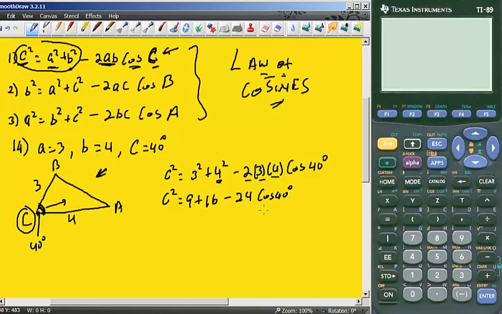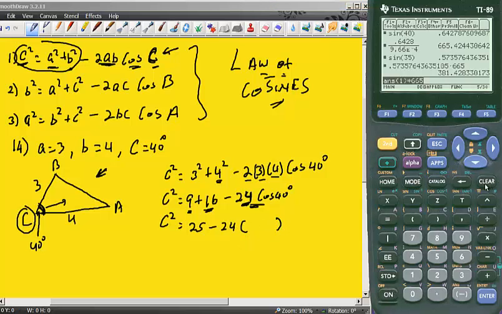Everybody makes a mistake here: they add and subtract before multiplying. Make sure you add just these two first and not subtract 24. So 9 plus 16 is 25, minus 24 times cosine of 40 degrees.